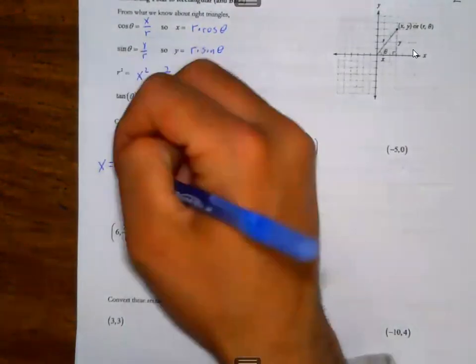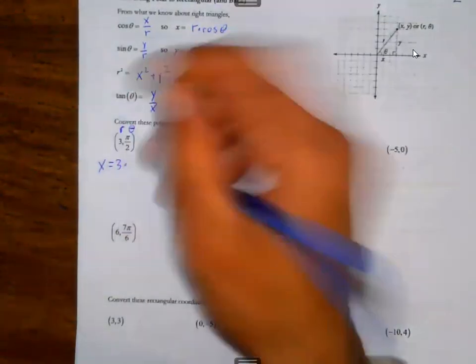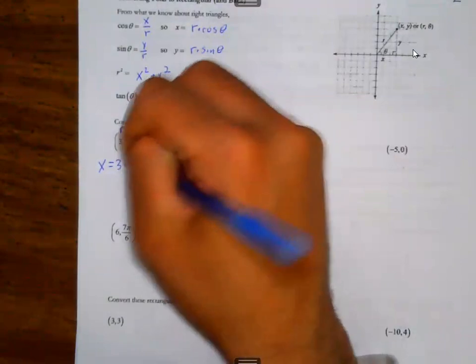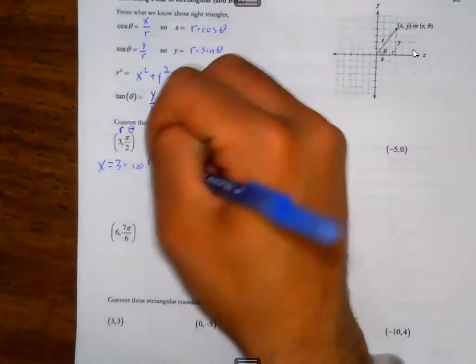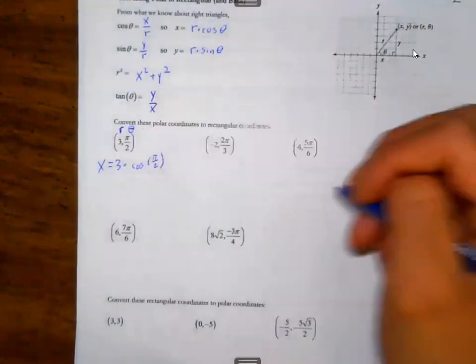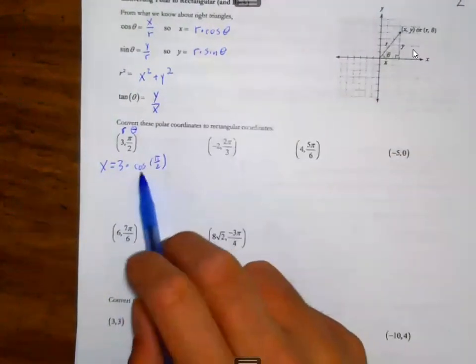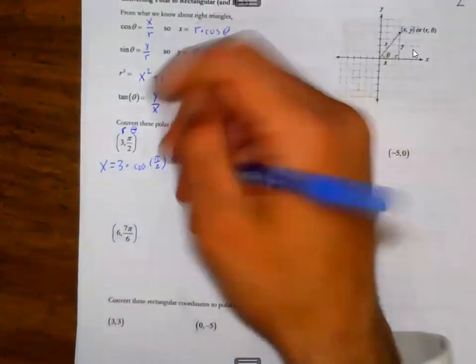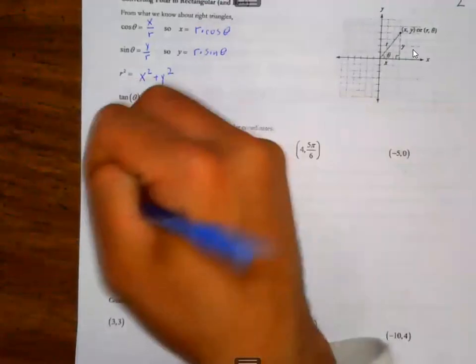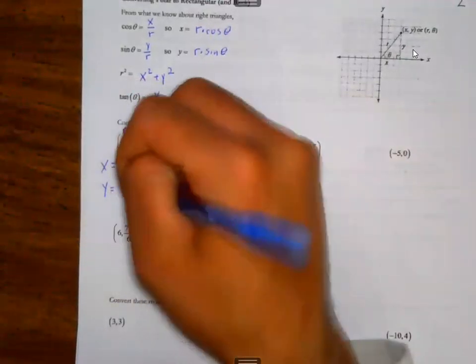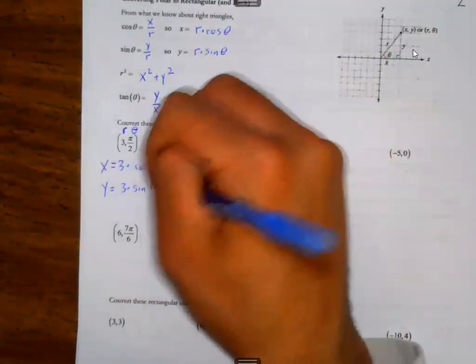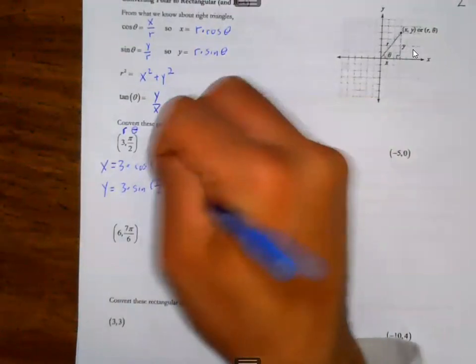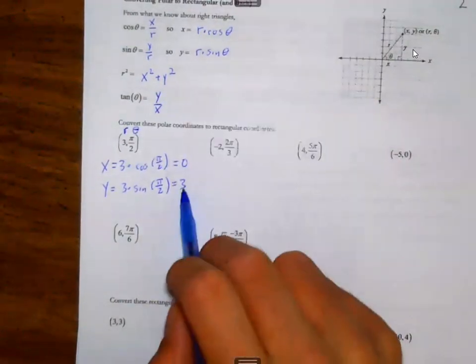So X would equal 3 times the cosine of pi over 2. That's going to be 0, because the cosine of 90 is 0, and 3 times 0 is 0. And then Y would be 3 times the sine of pi over 2, which would be 3.